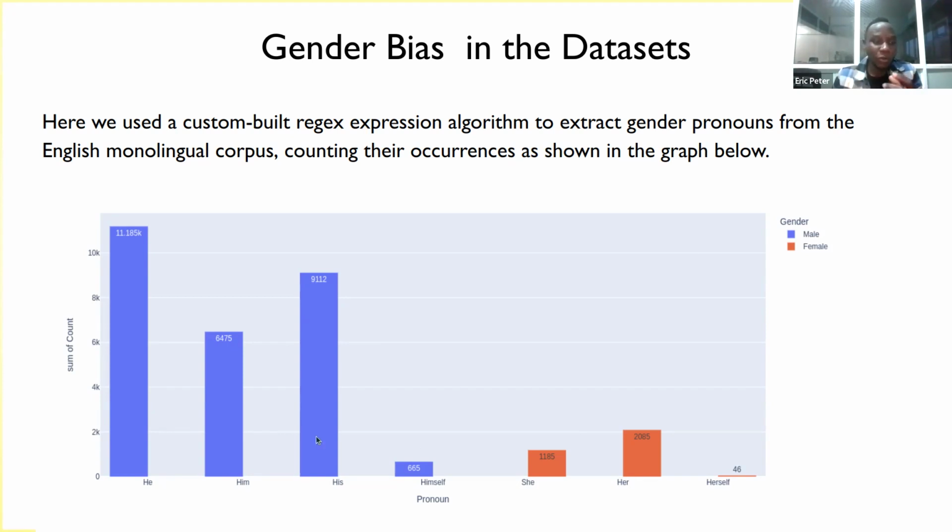So when we looked at the pronouns in the data set that we used to train the models, we found out that the male stereotype pronouns are very many compared to the female stereotype.